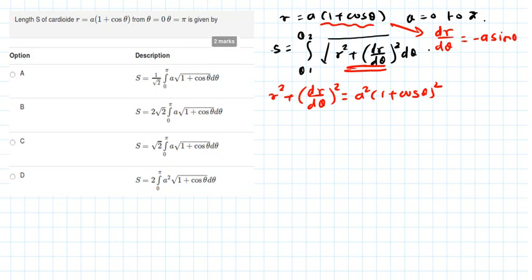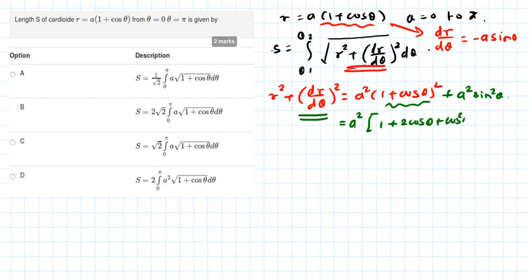So this will be plus this term, dr by d theta square, which will be a square sin square theta. This is equal to a square, split this bracket, 1 plus 2 cos theta plus cos square theta, plus sin square theta.